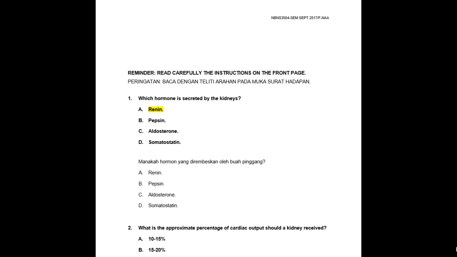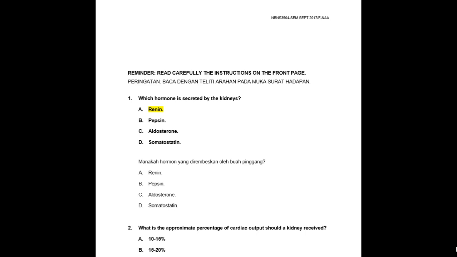If we take the other answers, pepsin is a digestive enzyme which is secreted by the chief cells of the stomach. What pepsin does is convert protein into amino acids. Aldosterone is a hormone secreted by the adrenal cortex and it regulates sodium concentration in the blood.